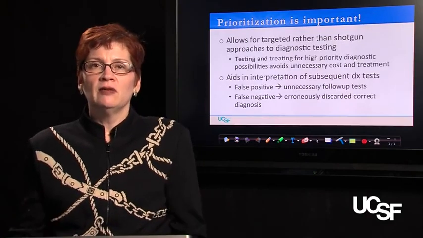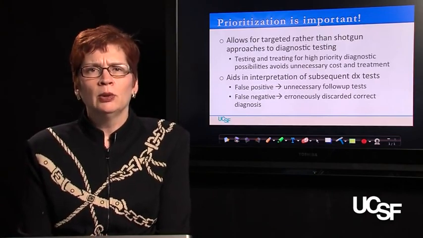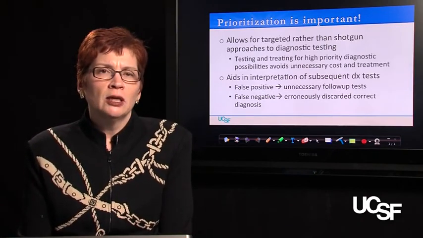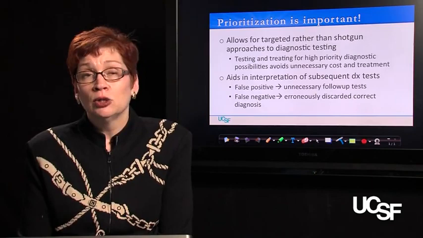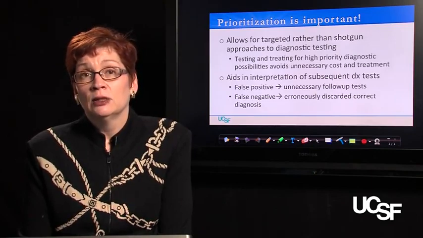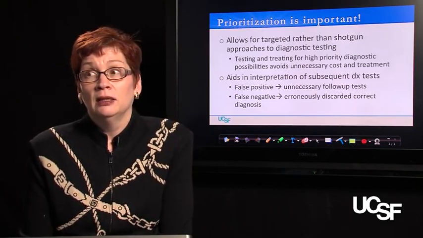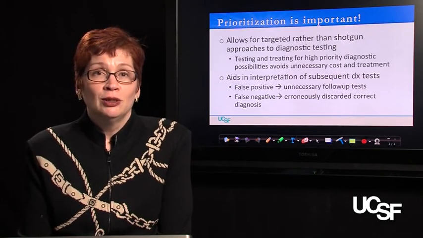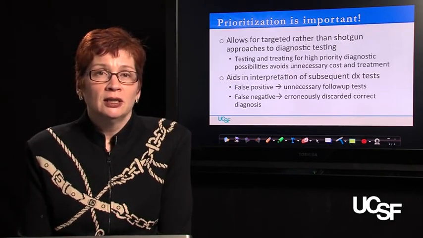Now, prioritization of the differential diagnosis is really important. Even if you started off with a list, like a mnemonically driven list such as the I've indicated list, where you say, could it be idiopathic, could it be vascular, could it be immunologic?